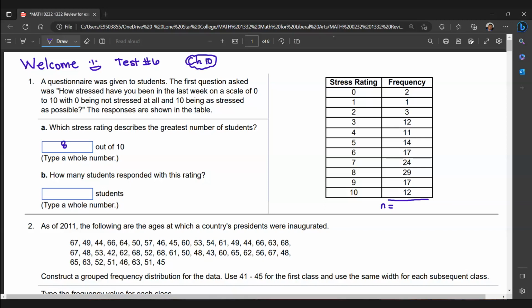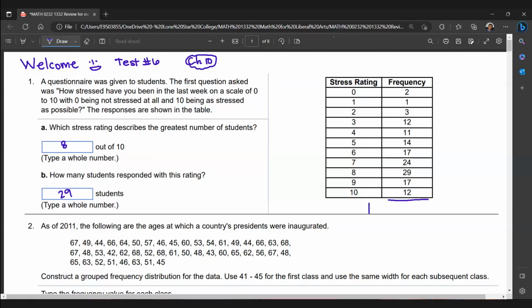That is a lot more than the others. For question B, it says how many students responded to this rating, and that is 29 students.